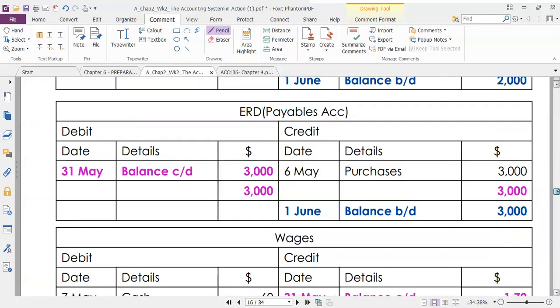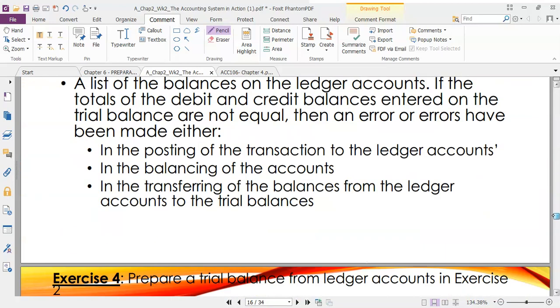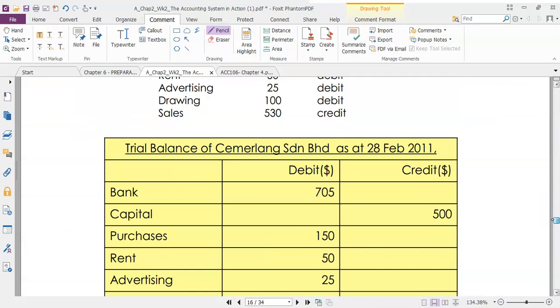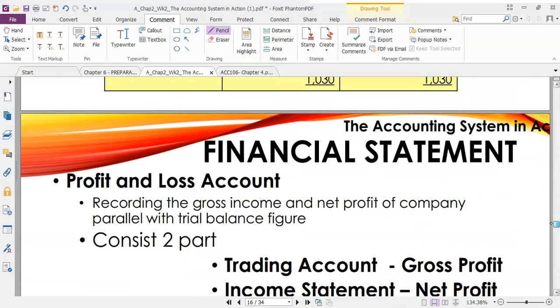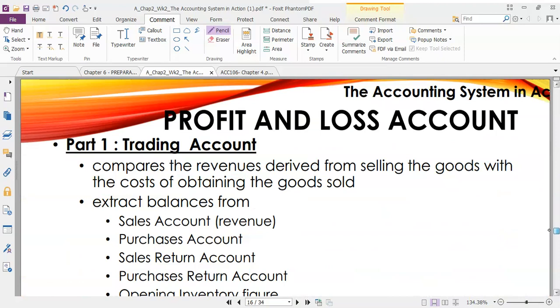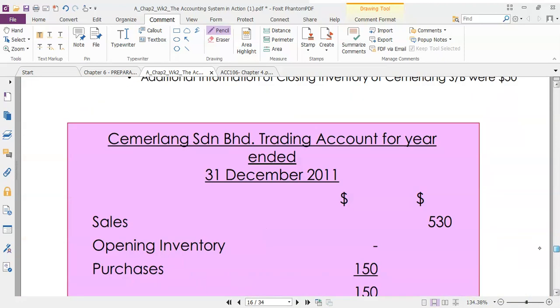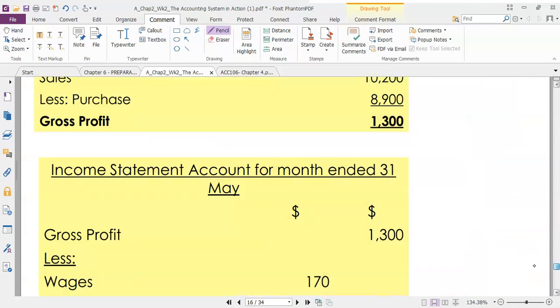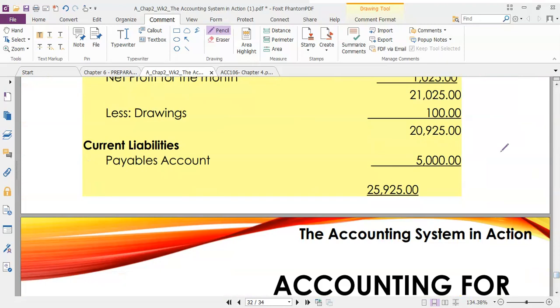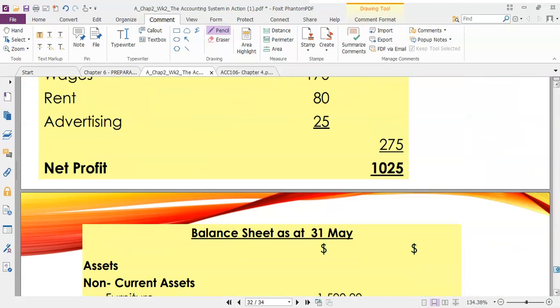Lepas tu baru kita buka trial balance. Bila buka trial balance, lepas tu kita belajar pula financial statement. Banyak lagi separuh. So nak sambung ke? Cukup dulu, saya takut nanti awak keliru pula.